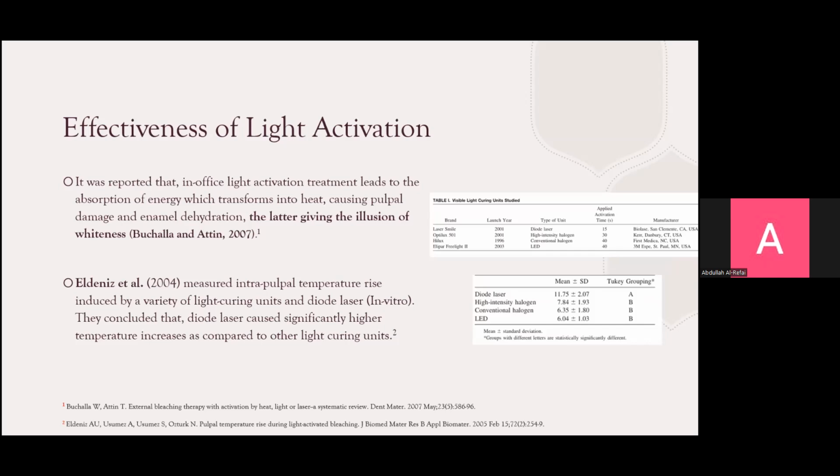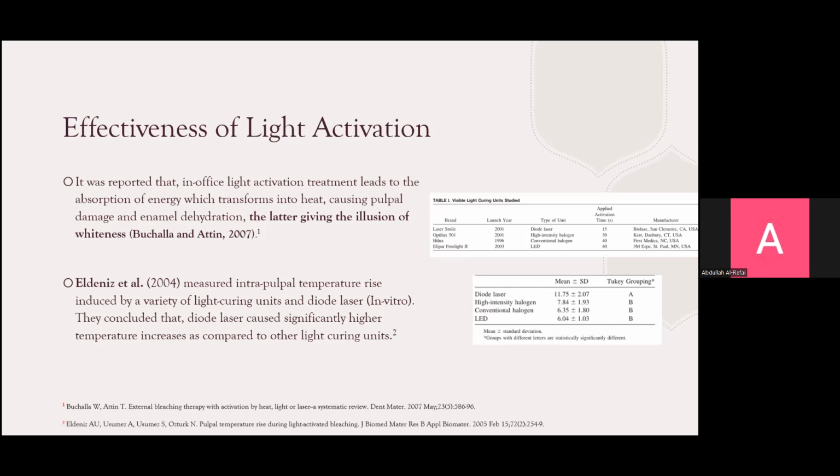Furthermore, Eldeniz et al. in 2004 measured the intrapulpal temperature rise induced by a variety of light curing units and diode lasers in an in vitro study. They concluded that diode laser caused significantly higher temperature increases as compared to other light curing units.